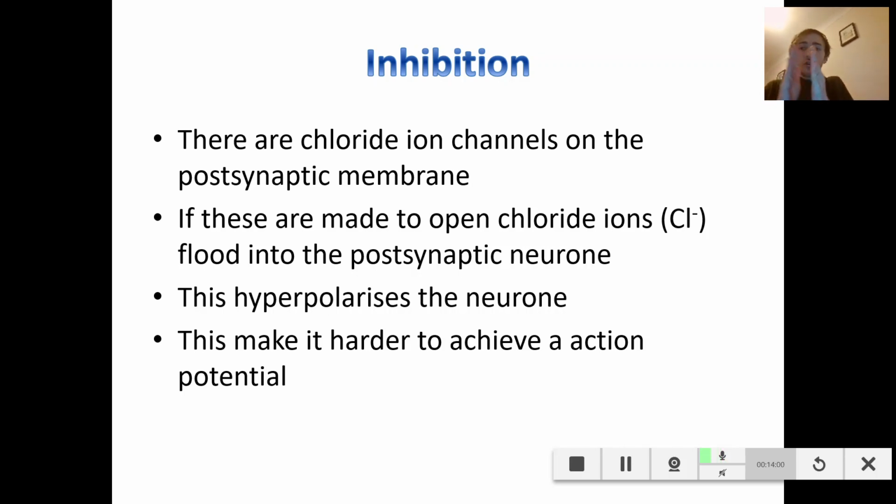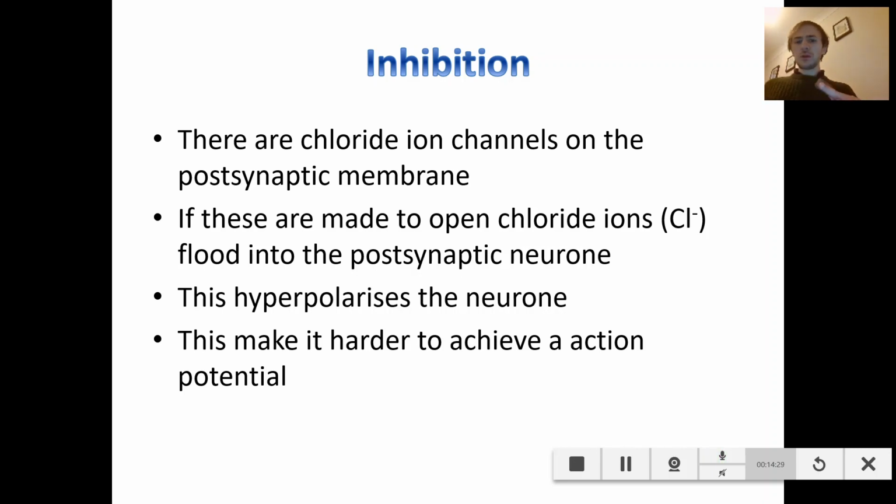If you open your chloride ion gates and chloride ions rush in, you will hyperpolarize the membrane, i.e. it will become more negative inside. Now that will either completely prevent you from making an action potential, or at the very least it will make it much, much more difficult.